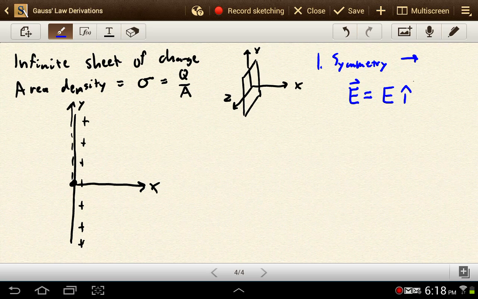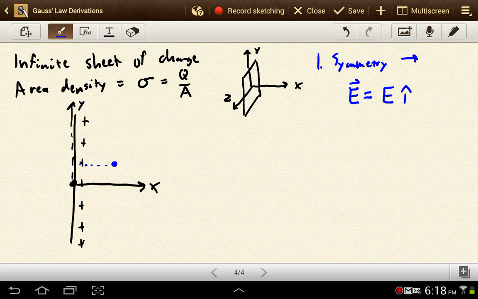So this is like what we did with the sphere. This E could be positive or negative. It can possibly depend on x, but not on anything else. Why can it not depend on anything else? Because if you're talking about a point, say, here, then you know how far away this is in the x direction, but you don't have any reason to believe you're at any particular y or z coordinates, because the entire sheet of charge is infinite.